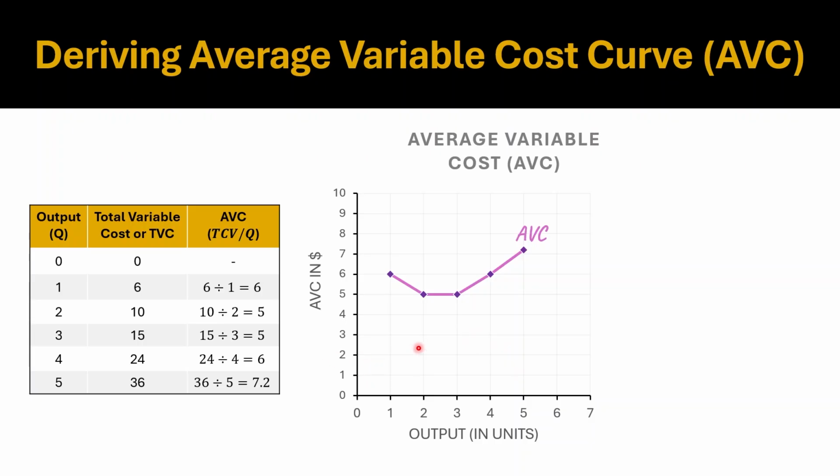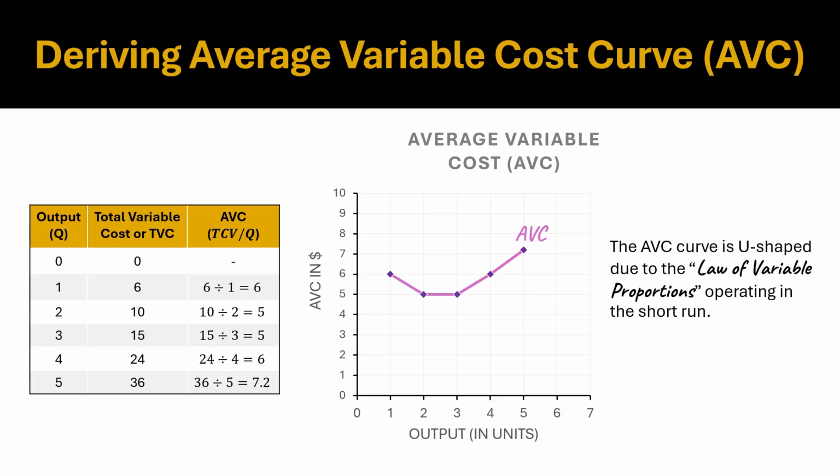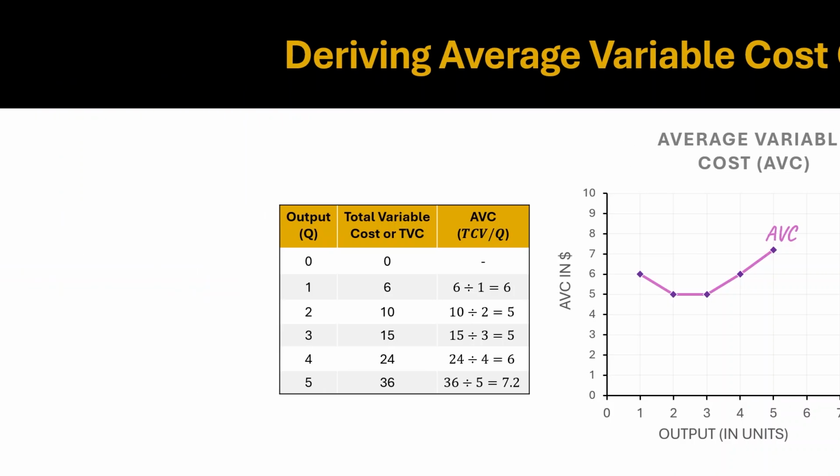After reaching its minimum level, AVC starts increasing with every increase in output due to diminishing returns to a factor. Remember, whenever you explain AVC or MC, you should always link the shape to the law of variable proportions.